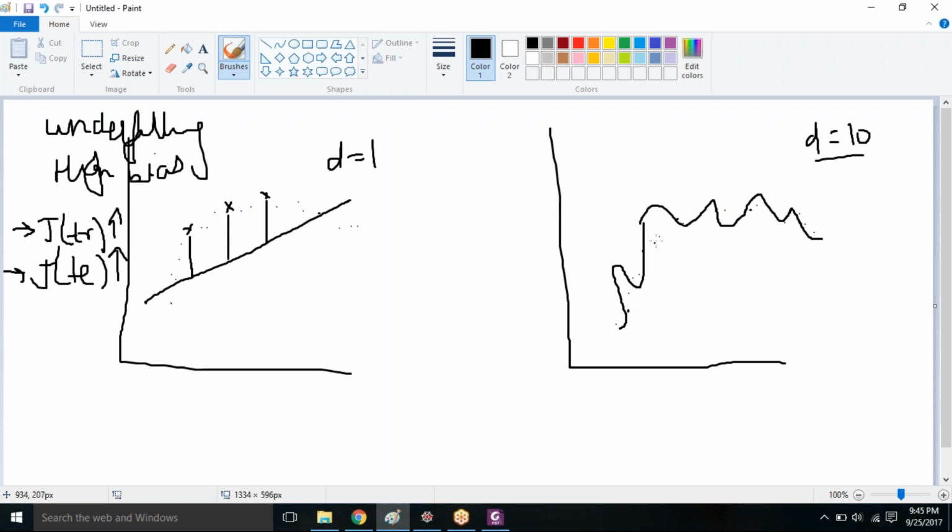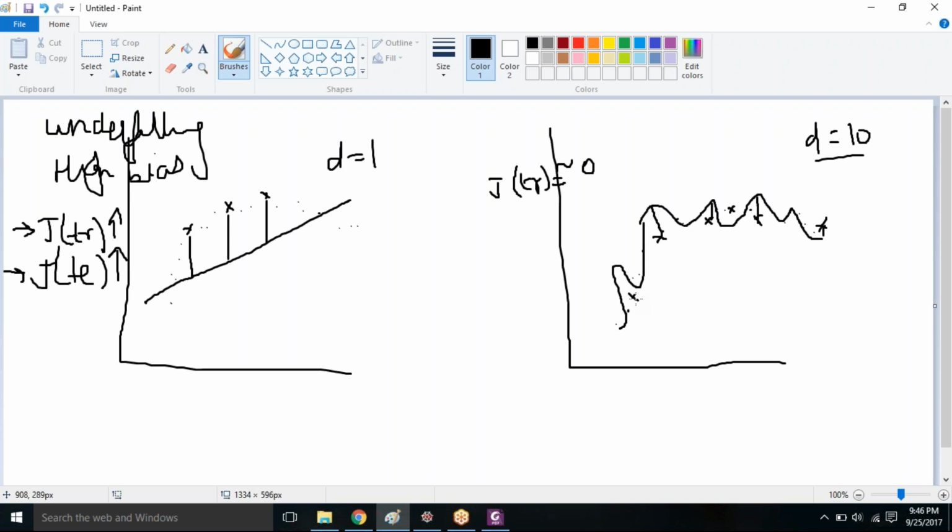Why is this bad? Because here on the training data, the training error will be almost equal to 0, because it passes through all the training points very nicely. But once you get the test data on these same patterns, you will find that on the test data it performs very poorly because of high fluctuation in the model.